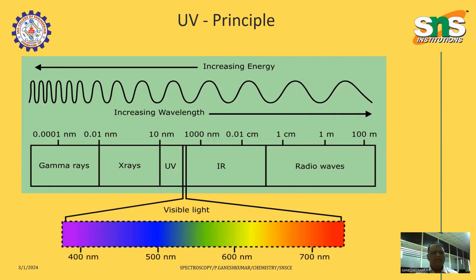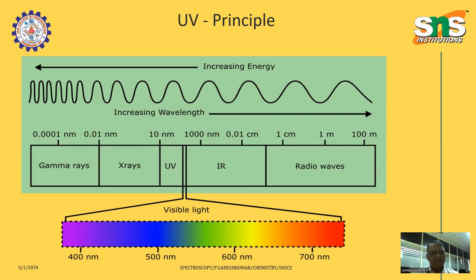Gamma rays have a very low wavelength, and radio waves have a very high wavelength. Here we are discussing ultraviolet and visible wavelength radiation. The ultraviolet is from 200 to 400 and the visible region increases up to 800. So nearly from 200 to 800, this region is considered the ultraviolet visible region.